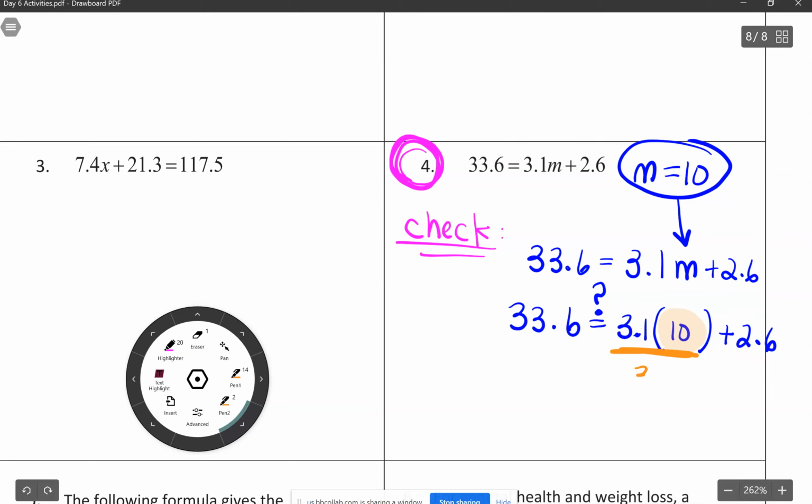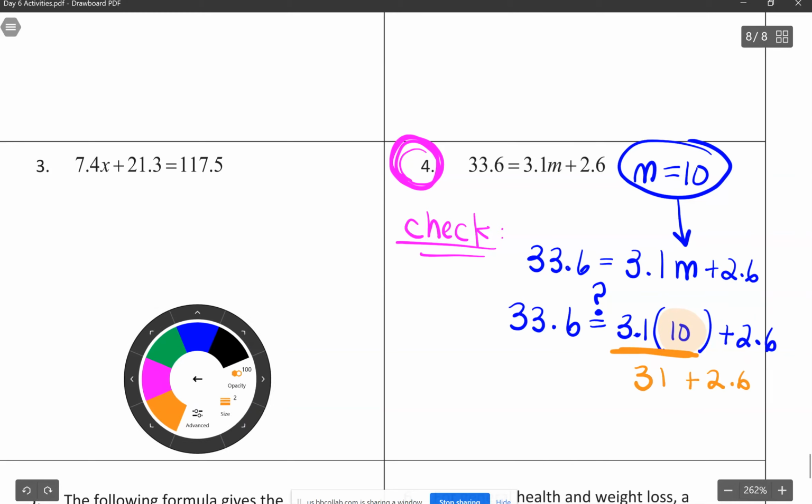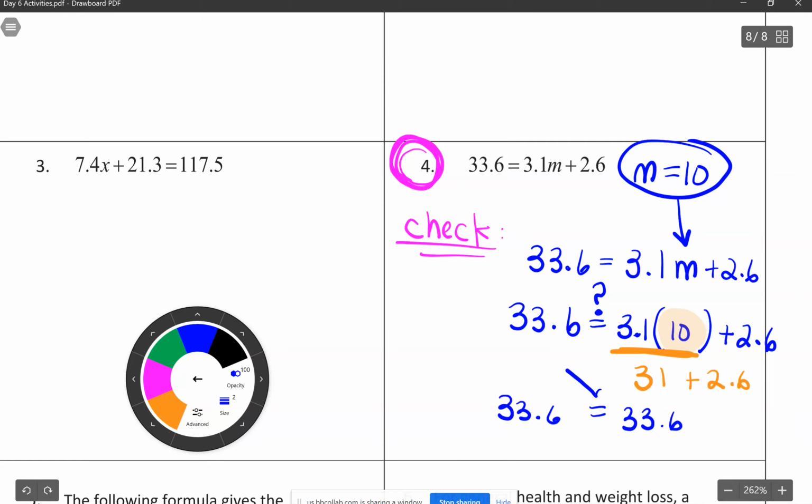So if I multiply, I get 31. And if I add 2.6, that does indeed give me 33.6. So they equal each other. And once I see they equal, I put a little check there. So you will have to check on your test. When you're doing your review, if it says solve and check, do those extra checking steps because points will be assigned to them.